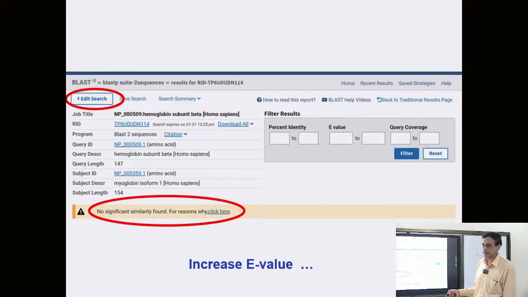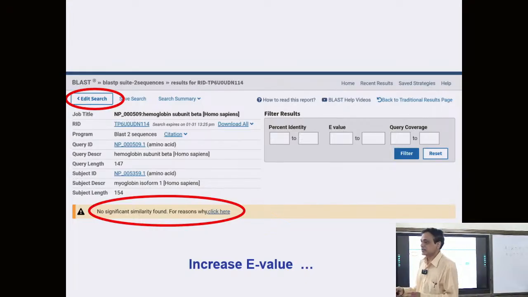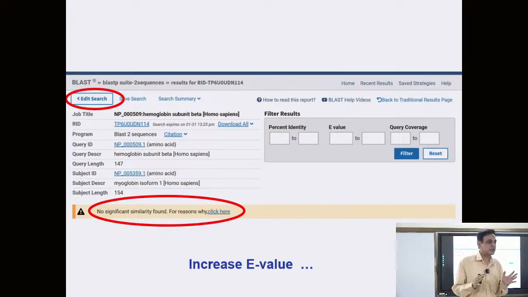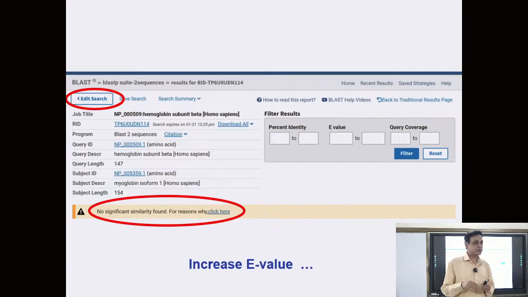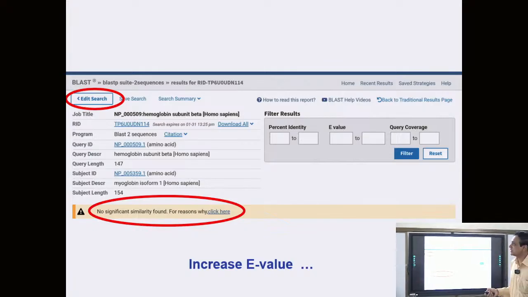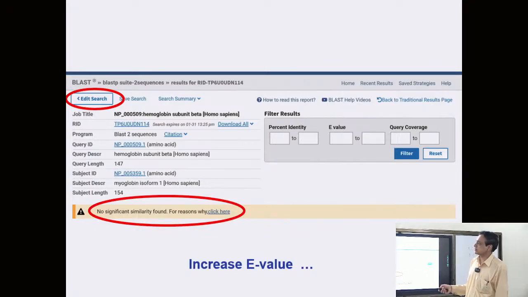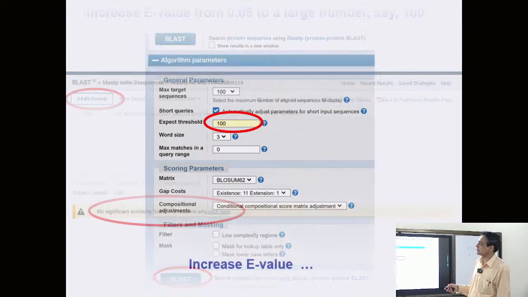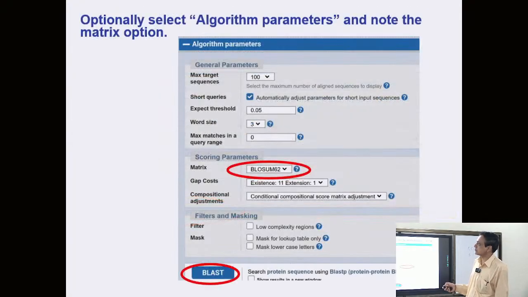For regions, click here, and the reason is that they are highly dissimilar sequences. Beta globin and myoglobin, I showed you the structures, they superimpose very well, but at the primary sequence level, they are highly dissimilar. So, what I did actually, I edited the search. I went back to the algorithm parameters and I increased the expect threshold value from the default, which was 0.05.